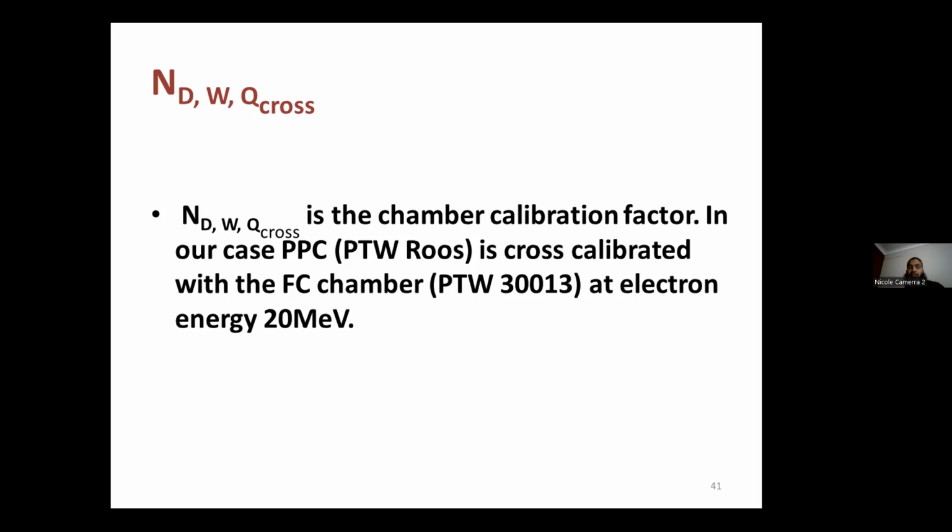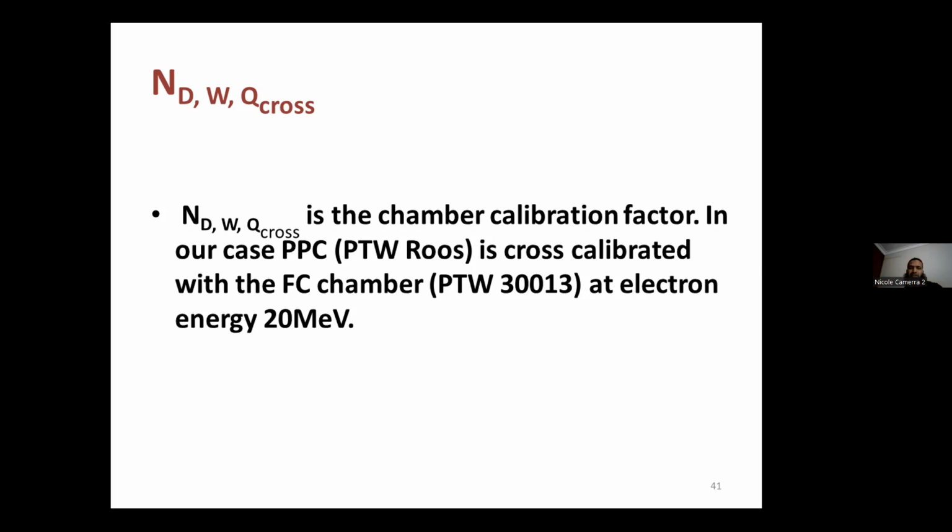The beam R50 should be more than 7.5 gram per centimeter squared, or maybe 7.5 centimeter. Normally 16 MeV electrons and above have an R50 more than that, so you can use these energies to cross-calibrate your Roos chamber.